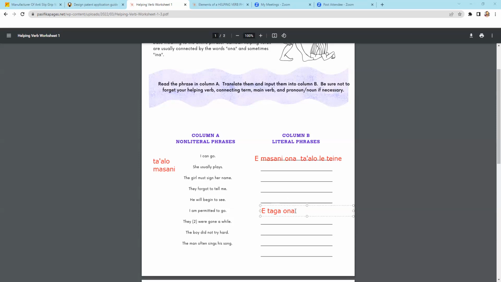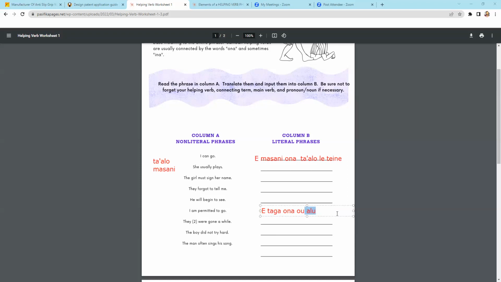O alu. O being the subject and alu to go. Yes, o alu. Yep, there it is. So present tense, permitted, I go. So I am permitted to go. So I permitted, and then to go. E tanga ona o alu.